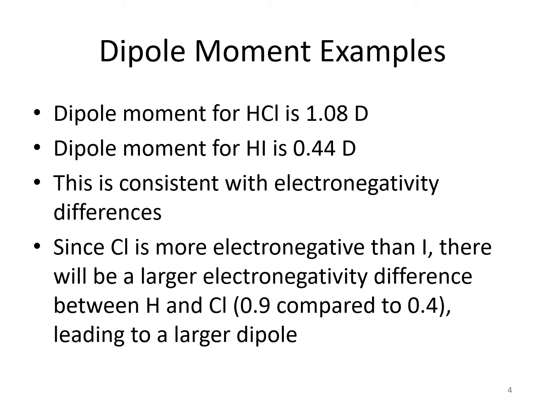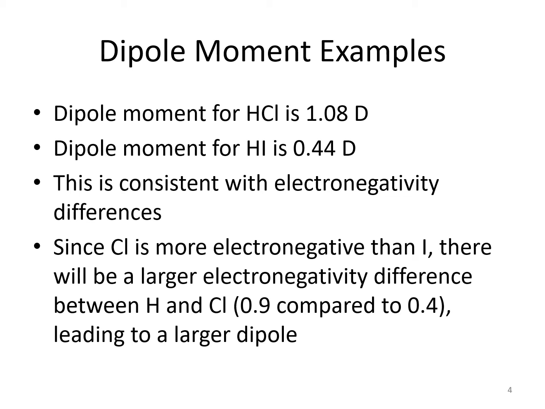The dipole moment for hydrogen chloride is 1.08 debye, whereas the dipole moment for hydrogen iodide is 0.44 debye. These values are not the same as the values for their electronegativity differences, but they follow the same trend. Chlorine has an electronegativity value of 3.0, iodine has an electronegativity value of 2.5, and hydrogen has an electronegativity value of 2.1.